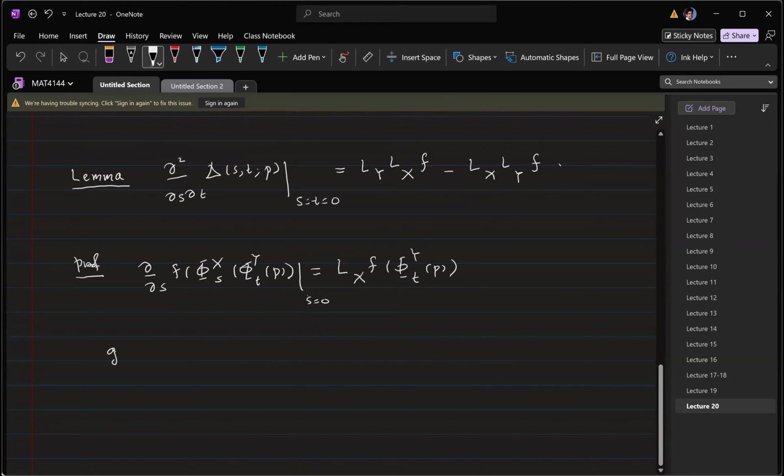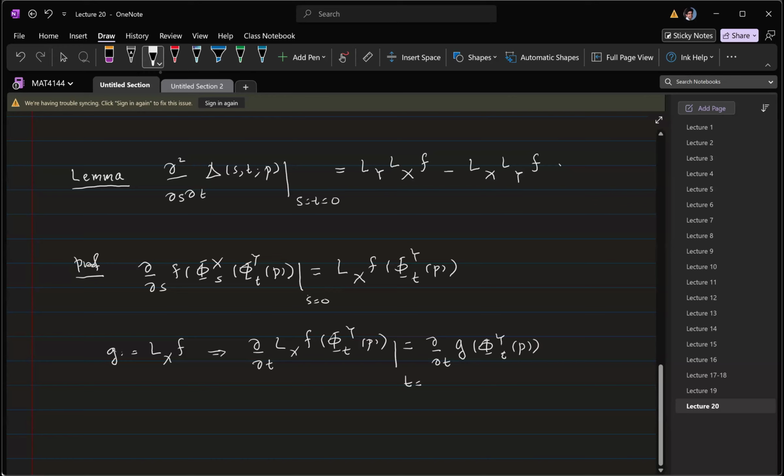So if I set g to be this L_x f, a function for any point, then the derivative with respect to t of this L_x f of phi_y^t p is just d/dt of g(phi_y^t p).